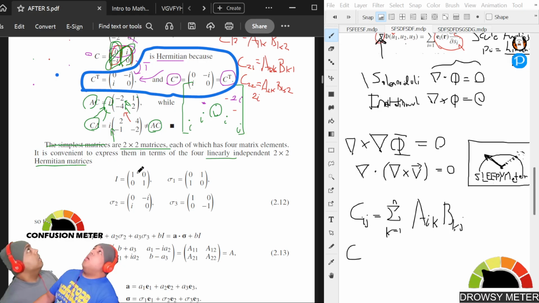Okay, this transpose is the same as this conjugate here. This transpose conjugate here. This transpose same as the conjugate here. So I agree, all these are Hermitian.